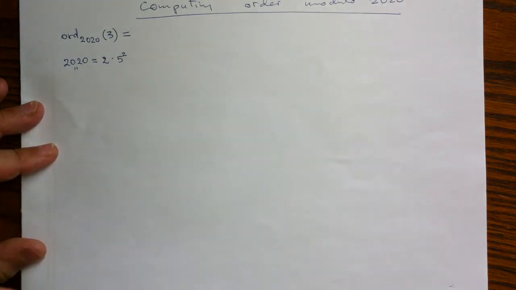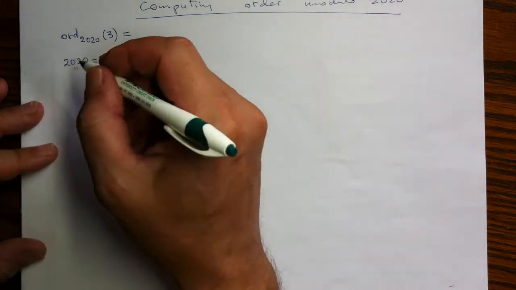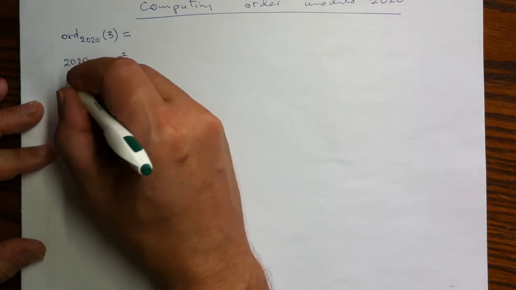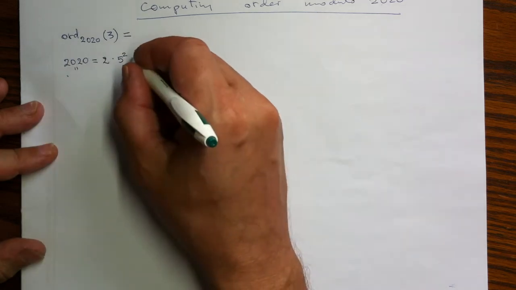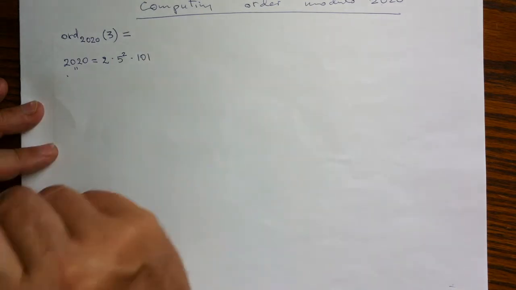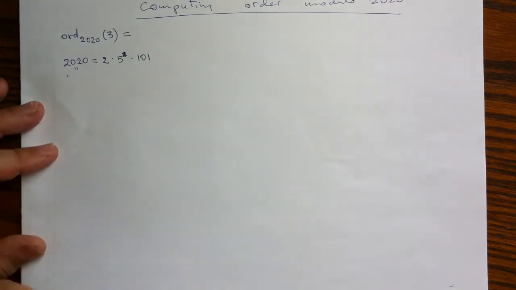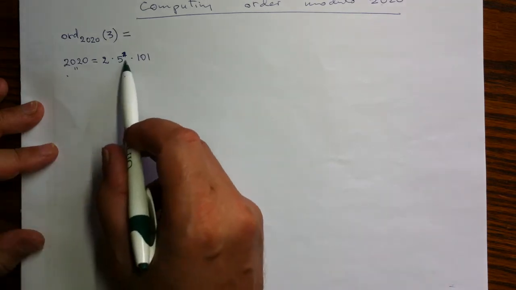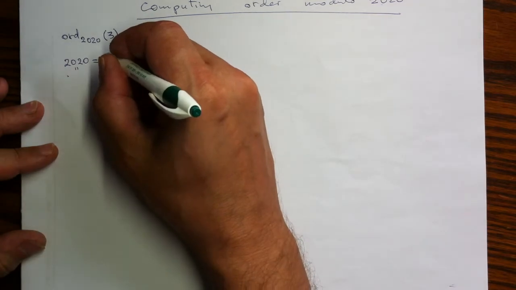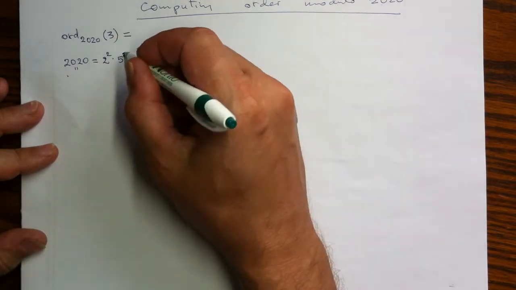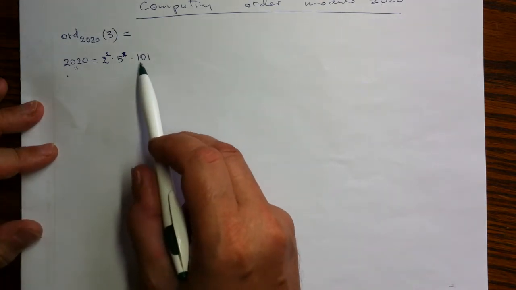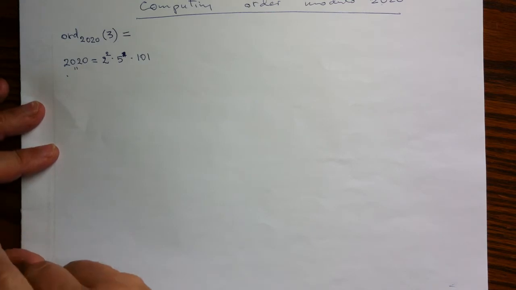No, I'm not saying it right. It's not just 2 and 5. There will be something else left. Interesting. So let's take 20 out, and then what will be left is 101, and 5 will not appear in a square because inside the 20 there is only one copy of 5, but 2 will appear as a square. So the prime factors in the decomposition of 2020 are 2, 5, and 101, and 2 appears twice.